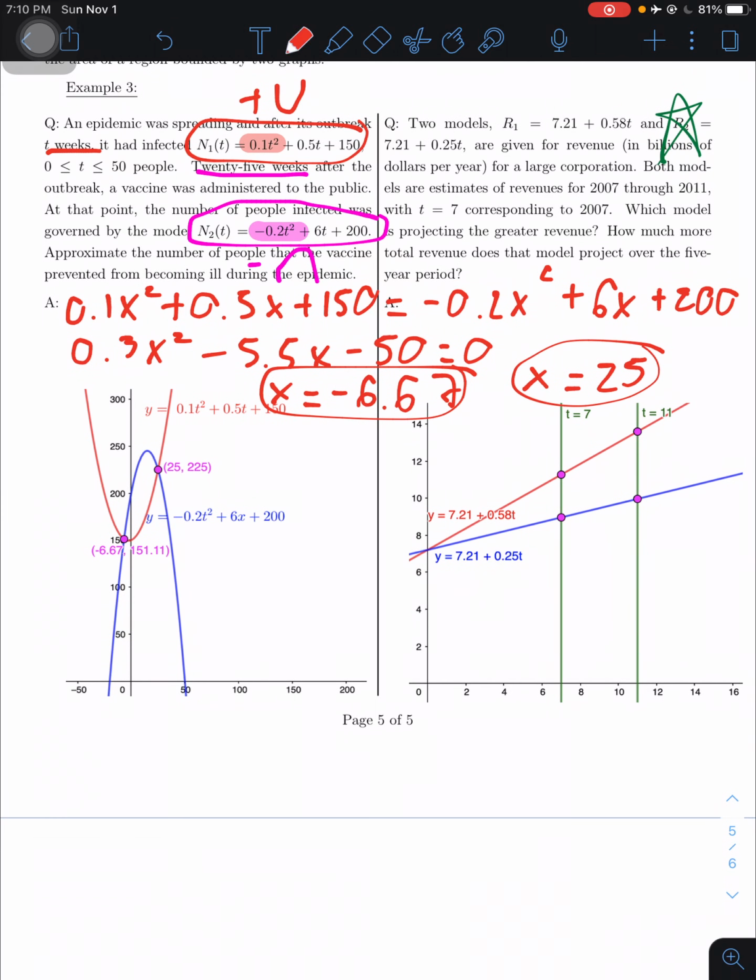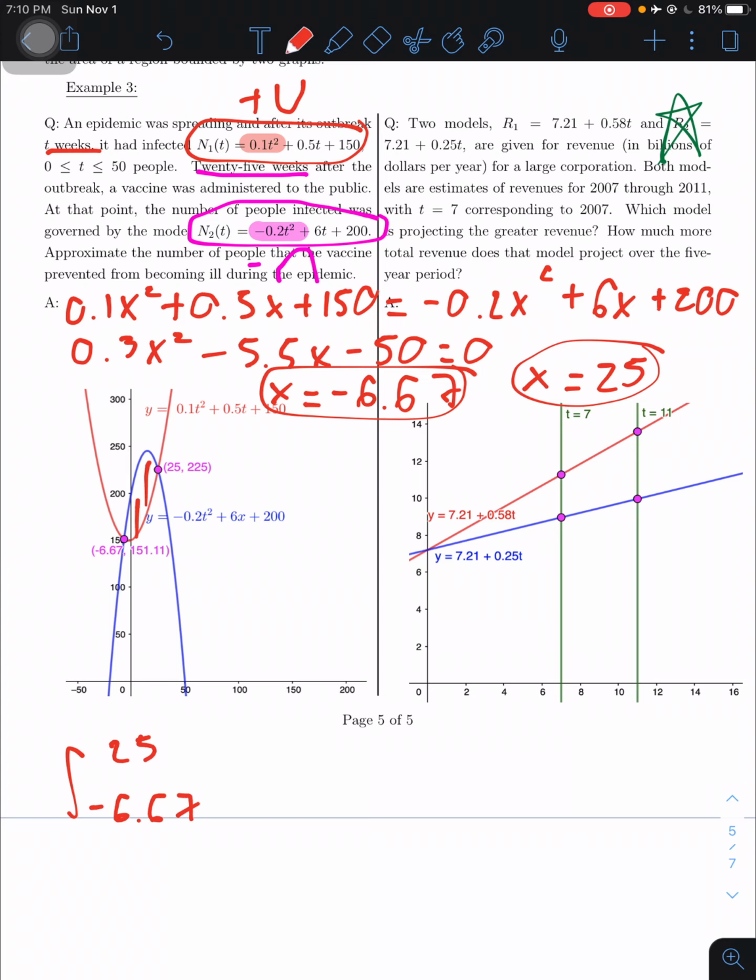So, let's start the work. We have the integral going from negative 6.67 all the way to 25. And how do we know which one is on top of which one? Based on the graph, it's really easy to tell. Obviously in between, the shaded region here is going to be blue minus red.